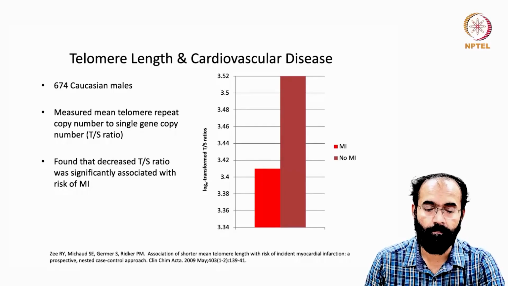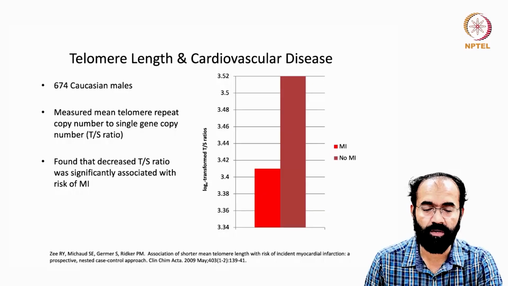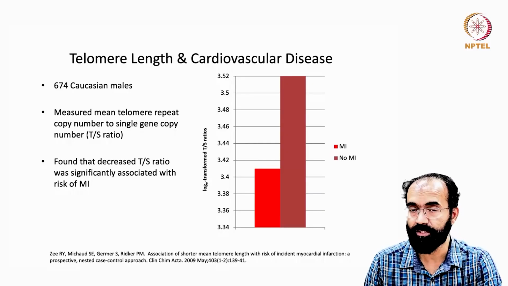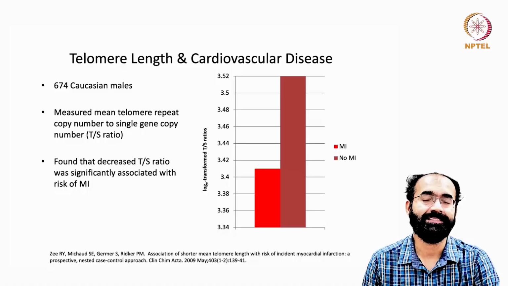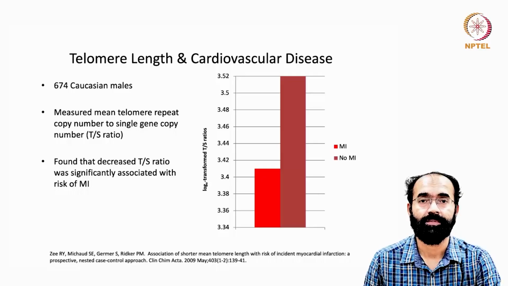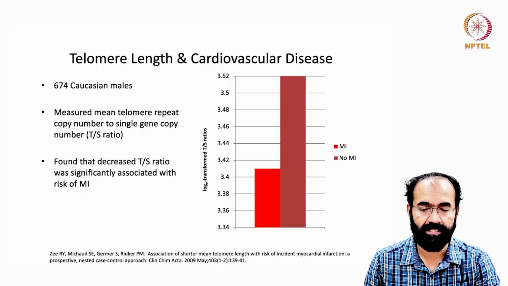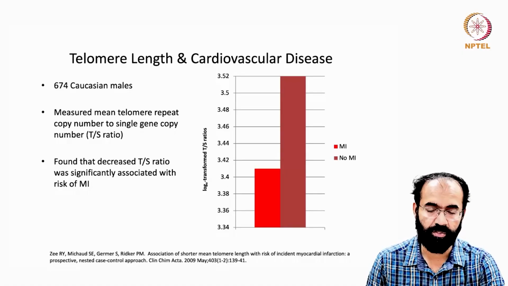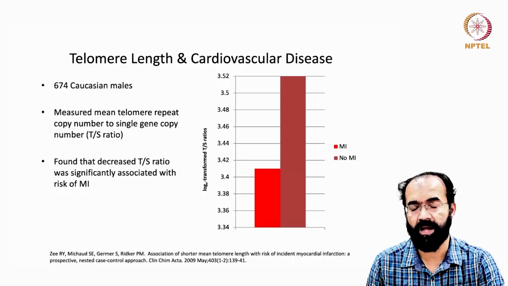But as the TS ratio decreases, it comes up to around 3.4. Why is it coming to 3.4? Because the numerator is getting lower, that is the T value, the repeats are getting lower and lower, which brings down the TS ratio, which enhances the rate of myocardial infarction.